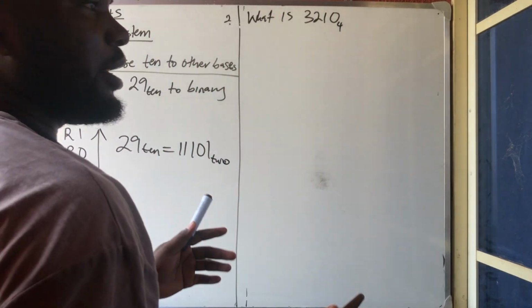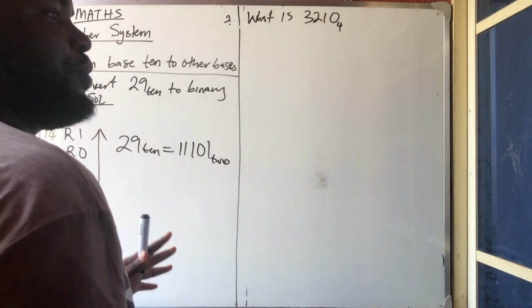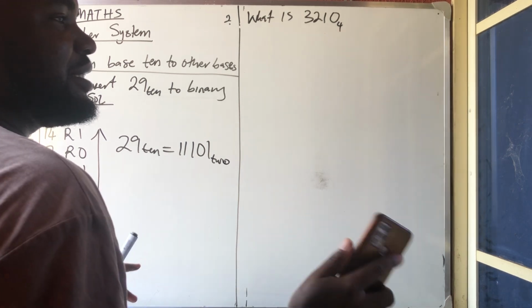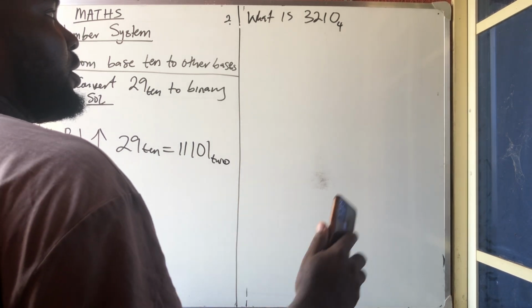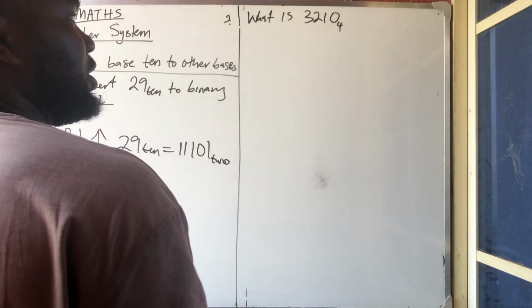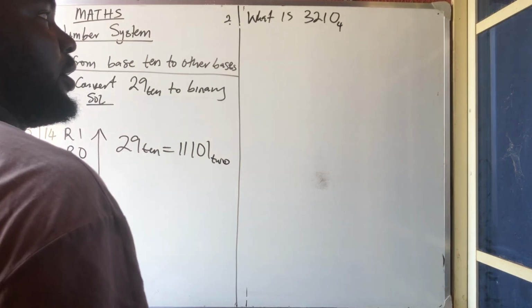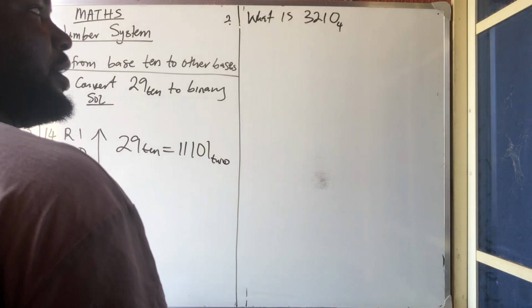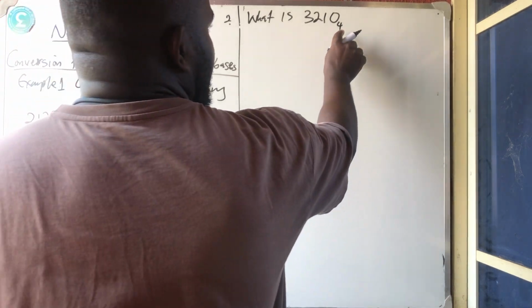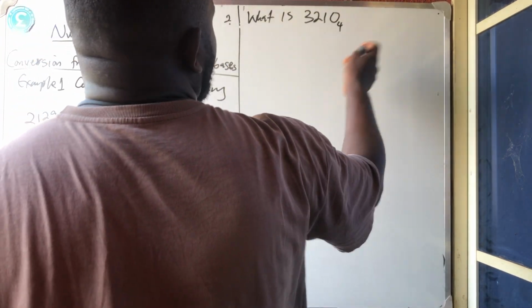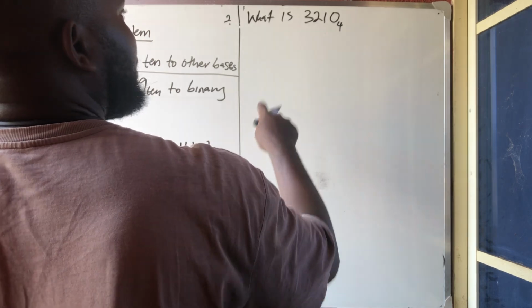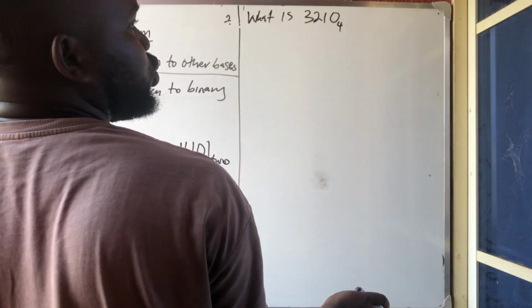If it is base 10, like we know, the highest number will be 9. If it's base 5, the highest number you can see there is 4. If it is base 7, the highest number you can see there is 6. Okay, so this one can be base 4 and above. It can be base 5. It can be base 6. But it can never be base 3 to 0.